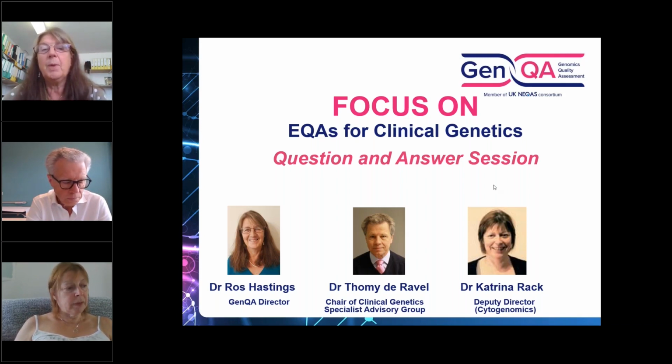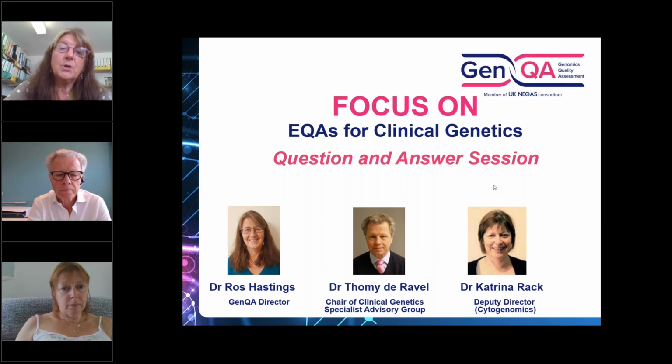This will then be reviewed by the SAG, which consists of all the clinical genetics assessors, and they will decide whether or not the appeal should be accepted, or if they don't agree that the appeal should be accepted, we will give reasons why we haven't agreed with their appeal.